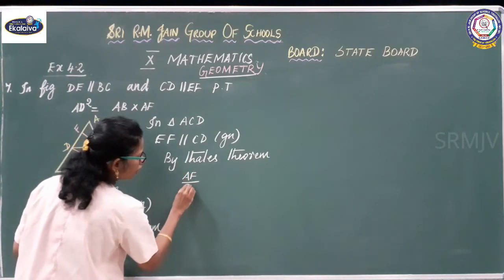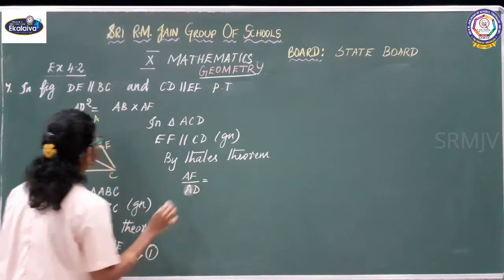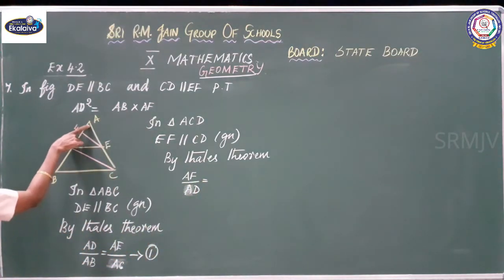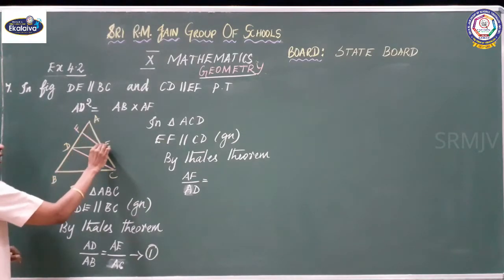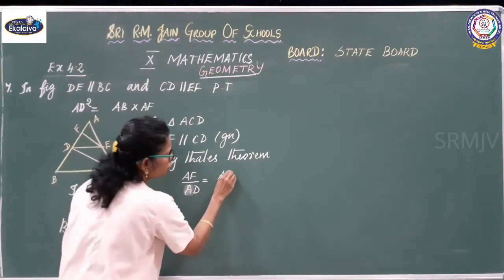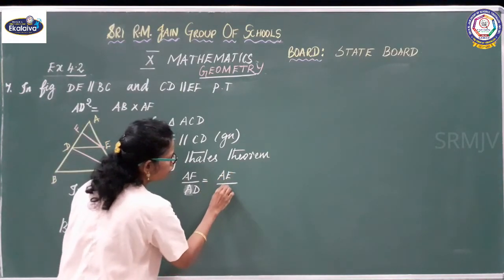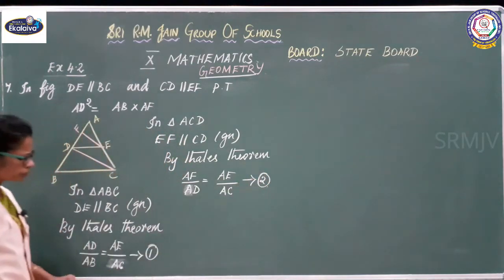AF divided by AD equal to AE divided by AC. This is equation number 2.